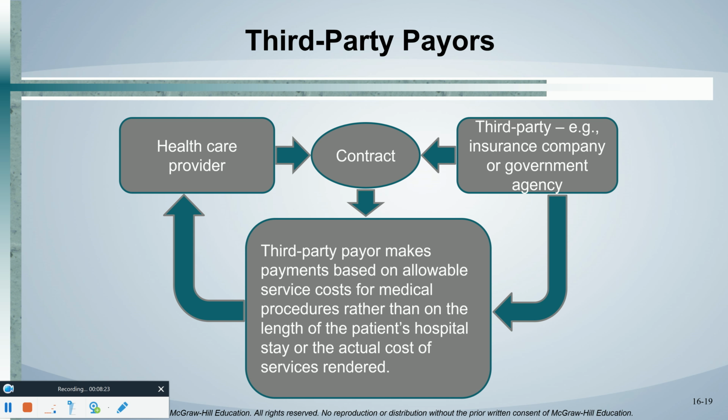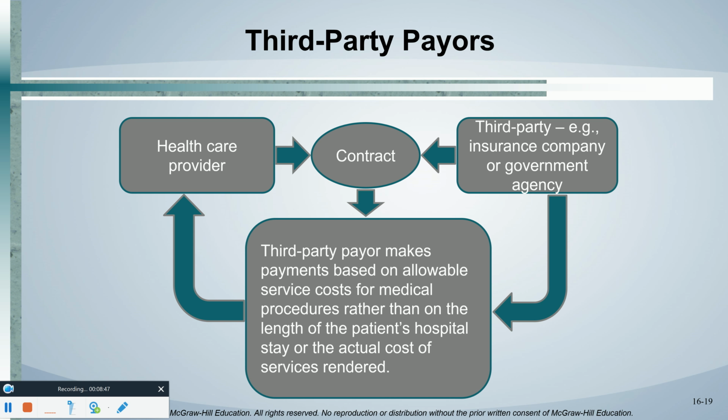And basically in the contract with the insurance company, there is a very detailed list of all of the potential services that the healthcare provider can provide the patient. And each of those services comes with a fee. So let's say, for an example here, that the gross rate for this particular procedure is $10,000.